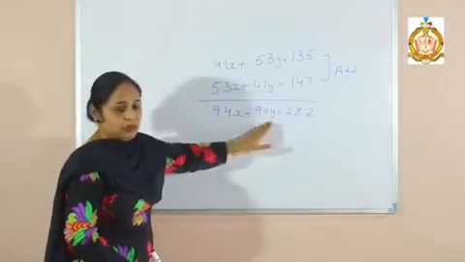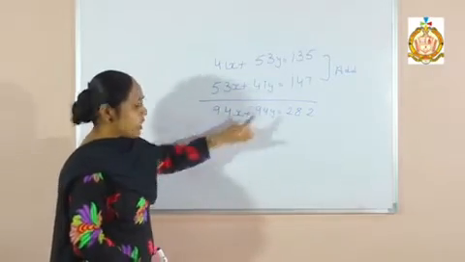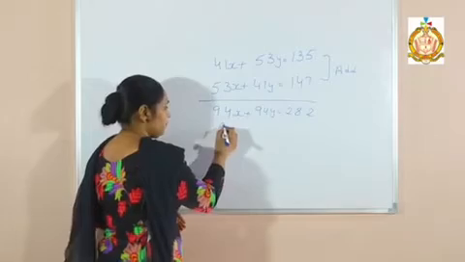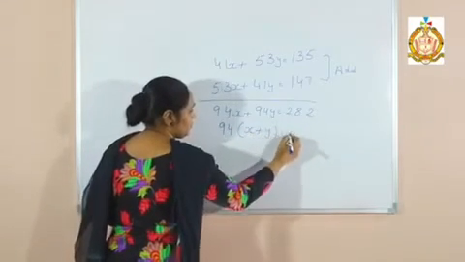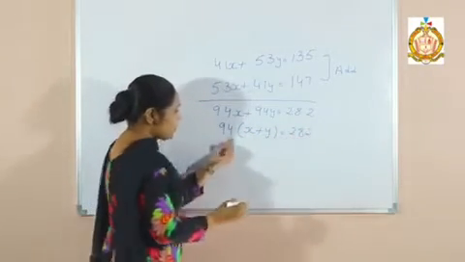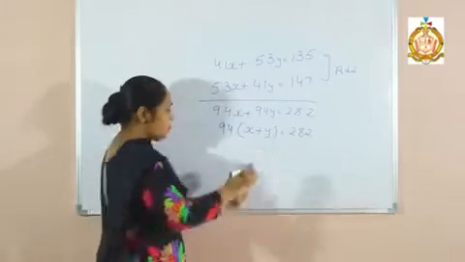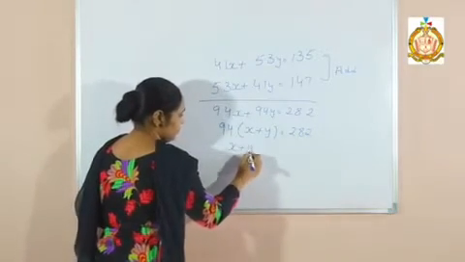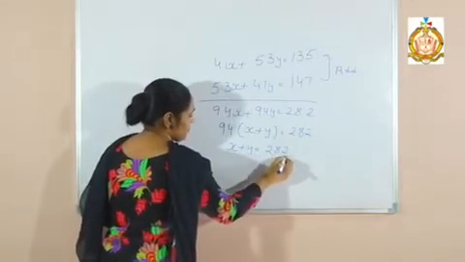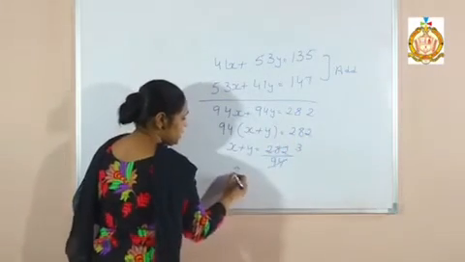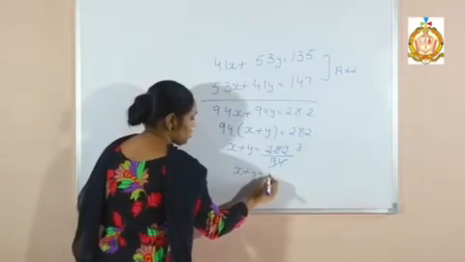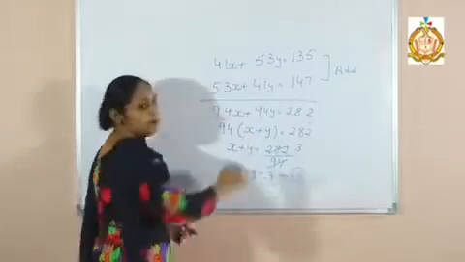Something is common there. What is common there? 94. I will take the 94 common. Inside there is x plus y. This 94 goes to that side and divides this number. If I cut it, there will be 3. It means x plus y equals 3. This is the first simple statement.